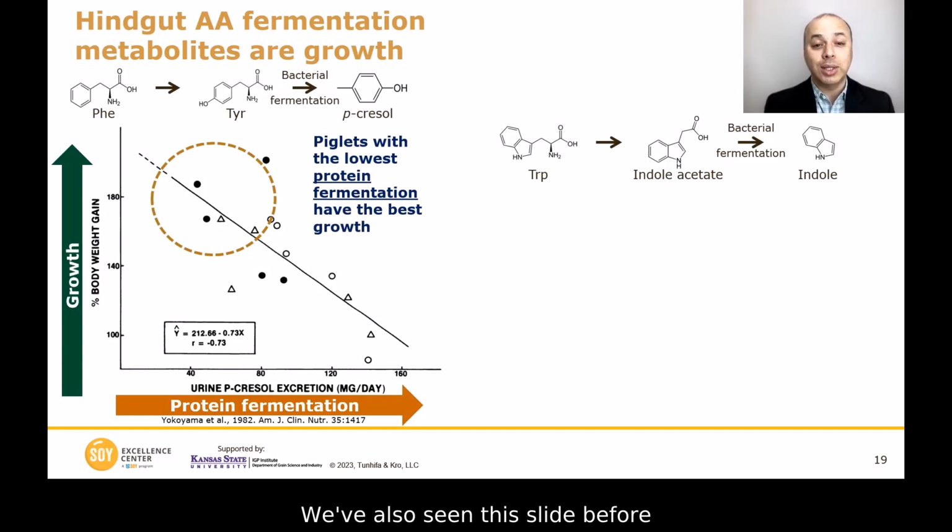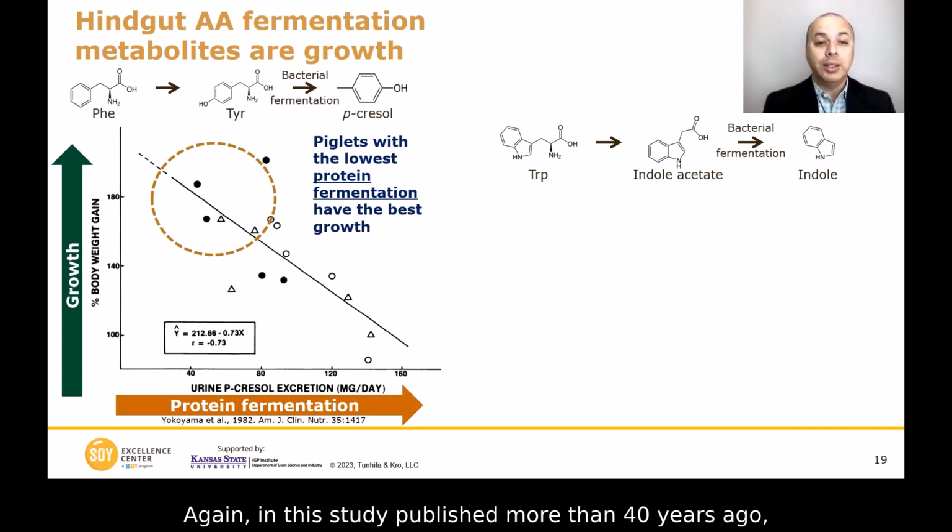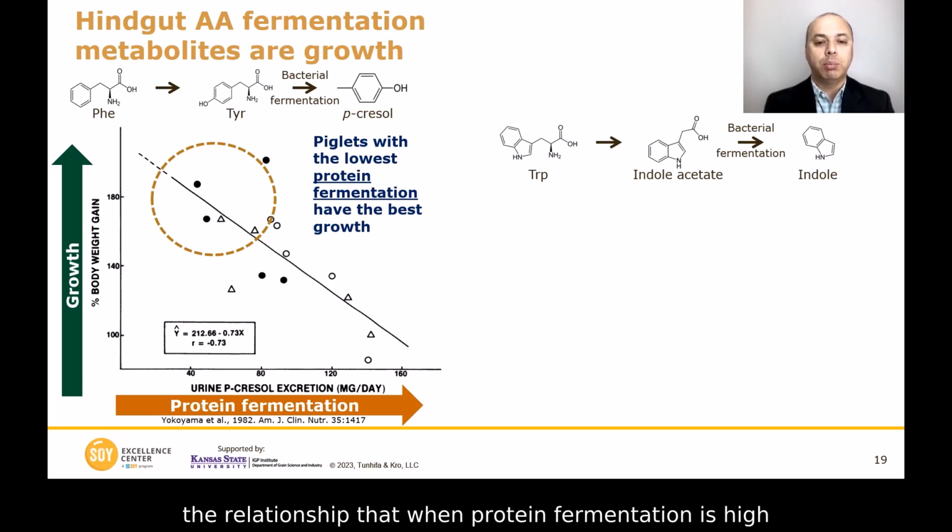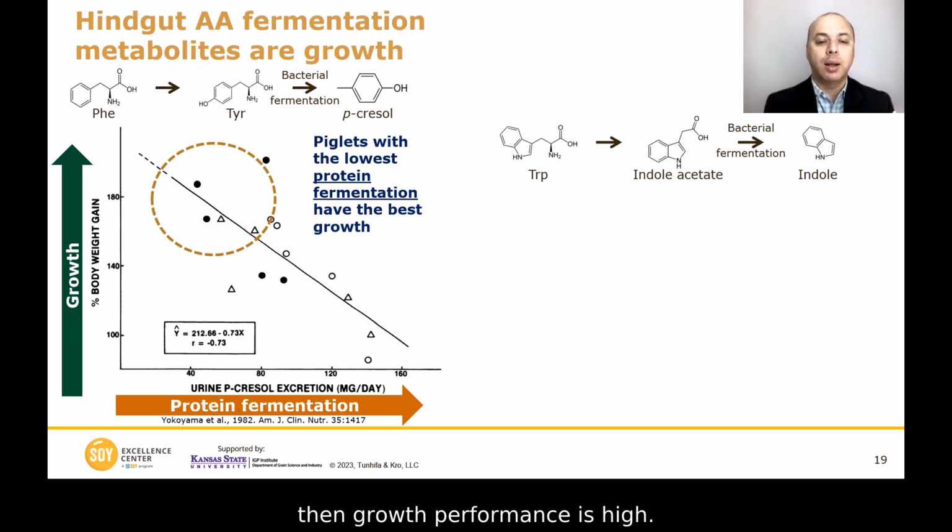We've also seen this slide before, and we're going to see it several times more. Again, in this study published more than 40 years ago, what the researchers are trying to do is to link and establish the relationship that when protein fermentation is high, growth is low, and when protein fermentation is low, then growth performance is high.